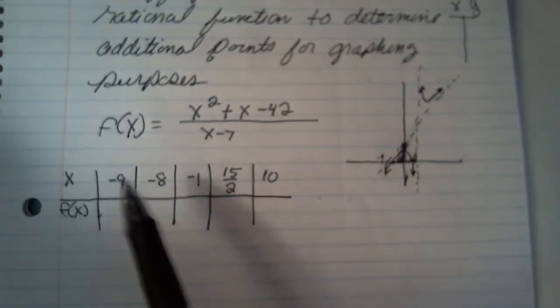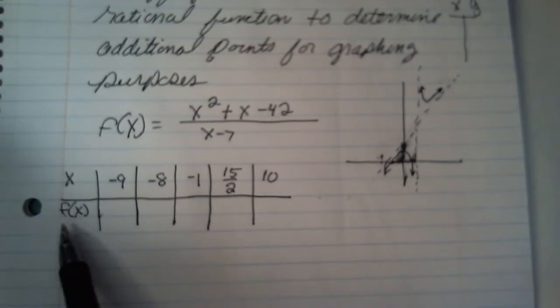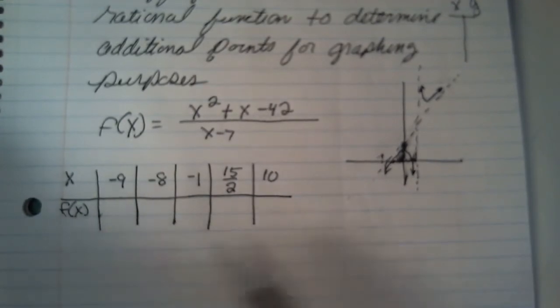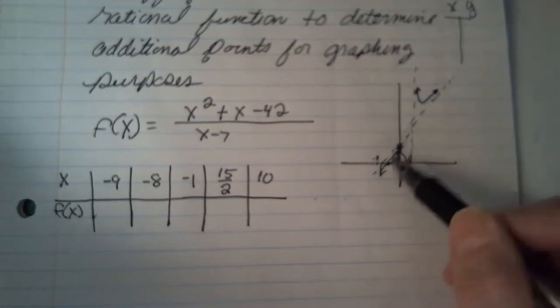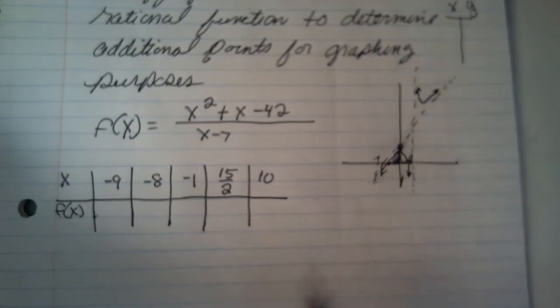I'm going to plug in -9 in for my x to find my y value, or my f of -9 value, so that I can determine what this point is when x is -9 on my graph.